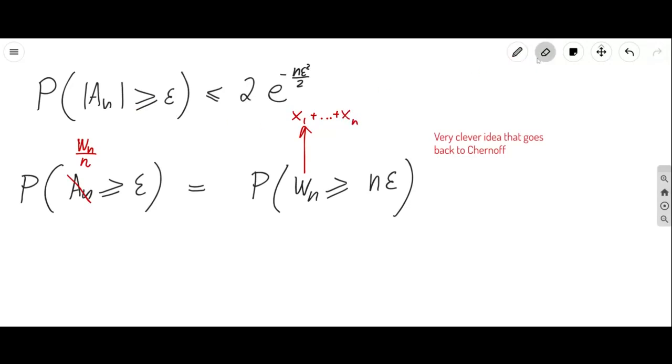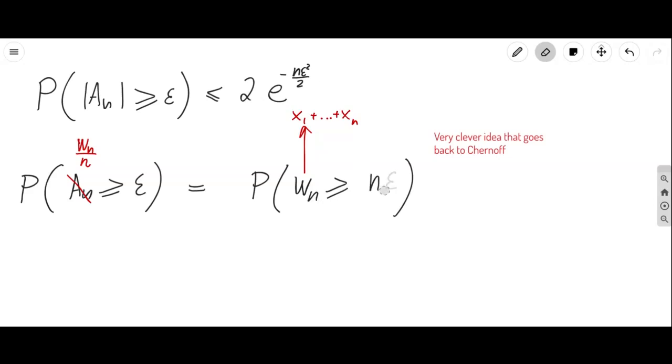And the idea that Chernoff had was you want to replace addition by multiplication. Multiplication just behaves better. It's easier to work with. And furthermore, because these random variables are independent, when you take the expectation of their product, it will just be the product of their expectations. It's just going to work out in a nicer way. So you're turning addition into multiplication. And the way you do that is by taking the exponent of both sides.